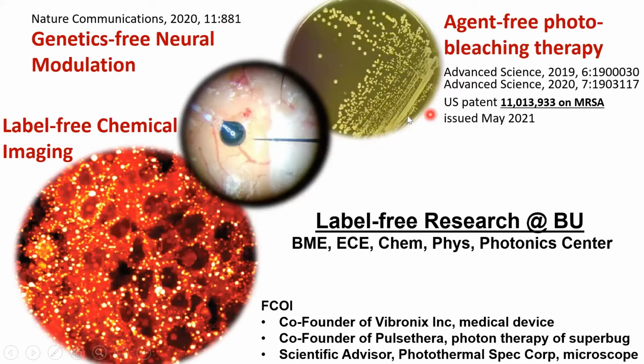We also discovered a method that can kill a superbug by photobleaching its intrinsic chromophore, such as the golden pigments in MRSA. I disclose financial conflict of interest to Vibronics, a medical device company, Photothermal, a phototherapy company, and also a photothermal spectroscopy company, which is related to the research I'm going to present today.